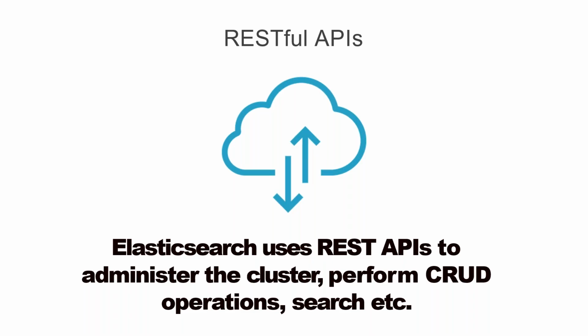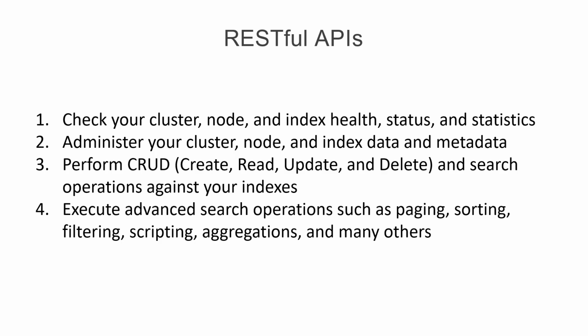Elasticsearch uses a REST API to administrate the cluster, perform CRUD operations, and searches. That means Elasticsearch has an API which can be used for anything, such as CRUD, cluster management, searches, or any other operations. With the RESTful API, you can check your clusters, nodes, indices, health status, and statistics. Administrators can manage nodes, clusters, index data, and metadata.